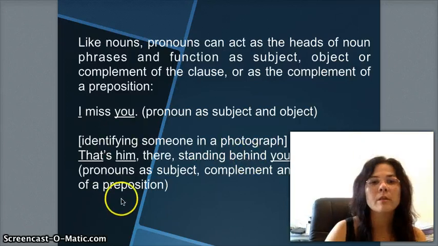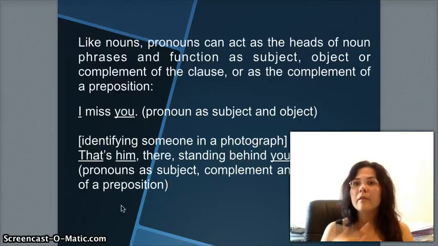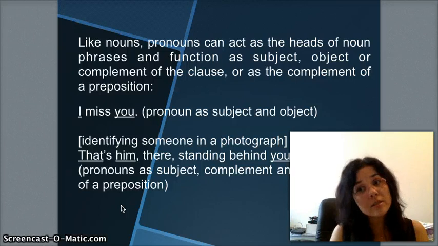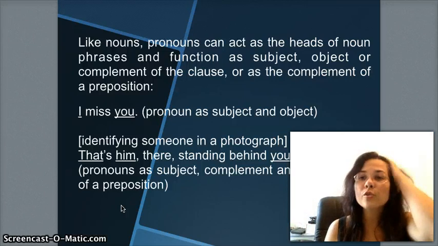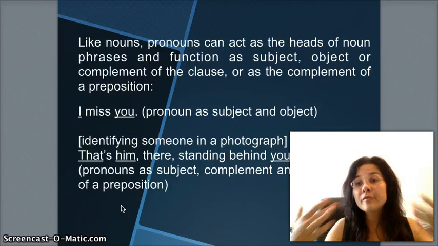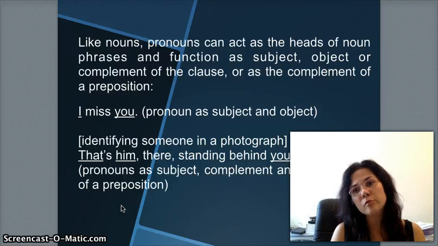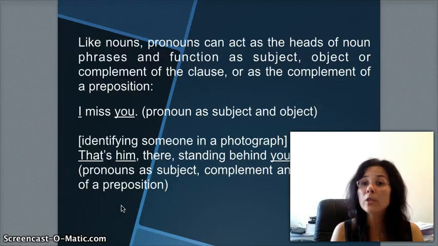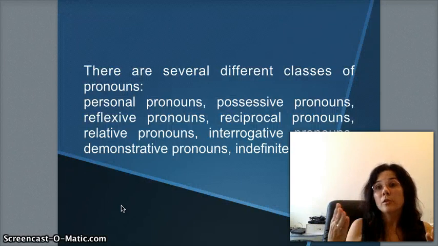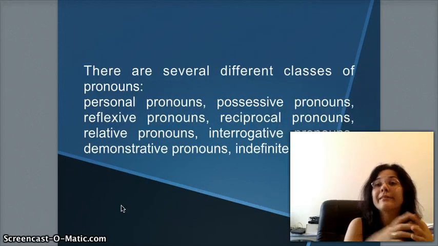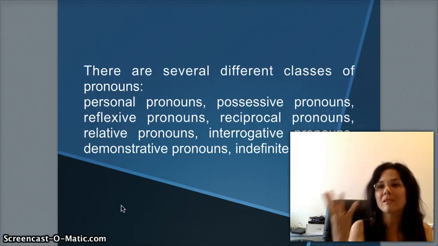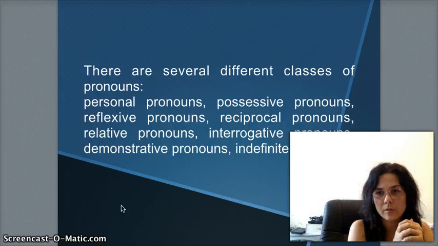Okay? So, remember that the first thing that I asked you to do was to think about the different kinds of pronouns that you knew and when you use them. So, now let's tackle these different classes of pronouns, okay?